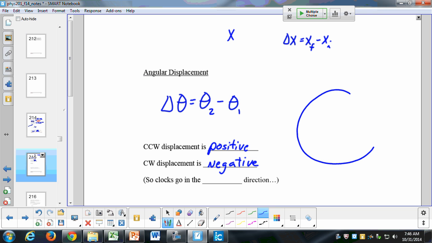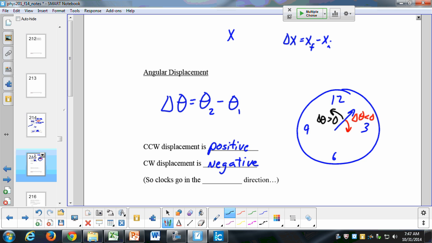So for example, if you have a clock, and I have my hour hand going around, and it's traveling in this direction, it experiences what type of displacement? Positive or negative? Negative. Right, so this is delta theta is less than 0. But if I'm going the opposite direction, my delta theta is bigger or smaller than 0? Positive or negative? Positive. Right, it's positive, so it's greater than 0.